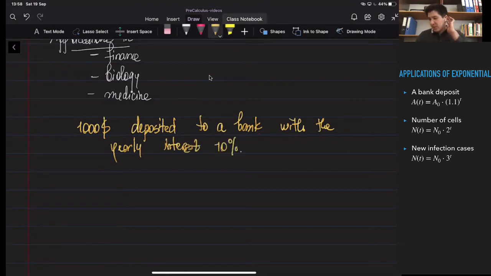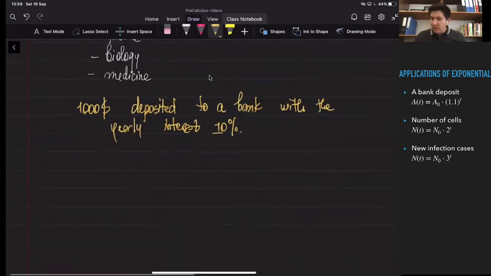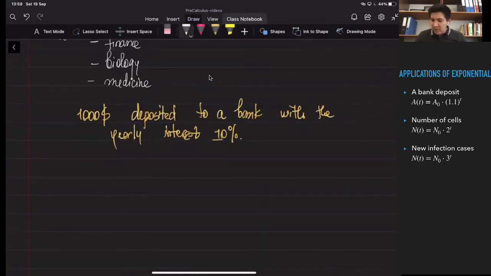Probably this number is high, but taking 10% is going to make our calculations a little bit easier. So what does it mean? Let's say in the beginning, year 0, you've got $1,000.